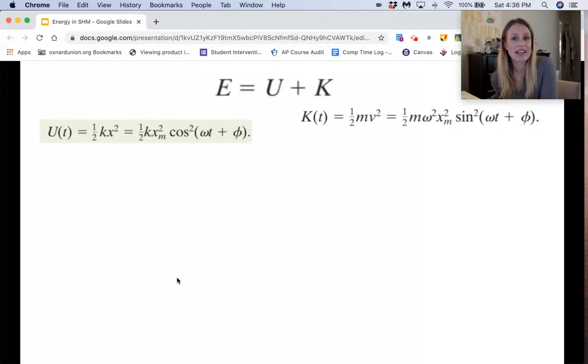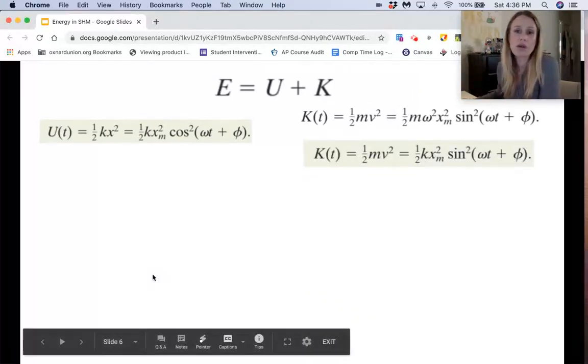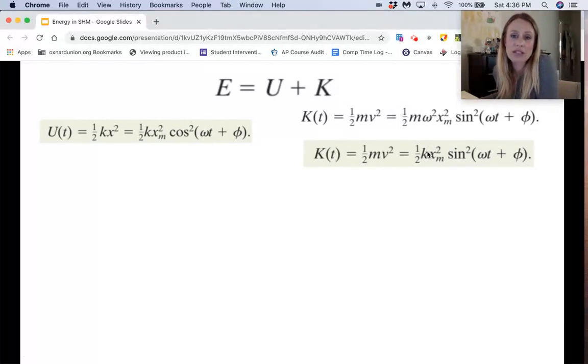So we plug in the velocity function as it changes with time for our simple harmonic motion and then square everything because velocity is squared. And then if you recall, we had that m omega squared is actually equal to the spring constant k. So because of that, we're just inserting k in for mass times angular velocity squared. So we insert that k in there.